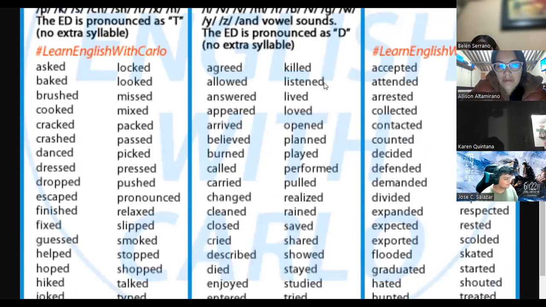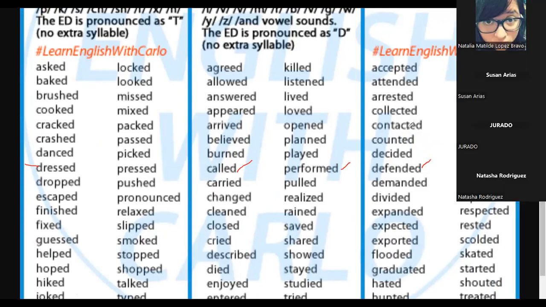Okay, let's continue with Jose. The next one, dressed. Dressed, called, performed, defended, returned, rented. Very good. Natalia, the next row, please.